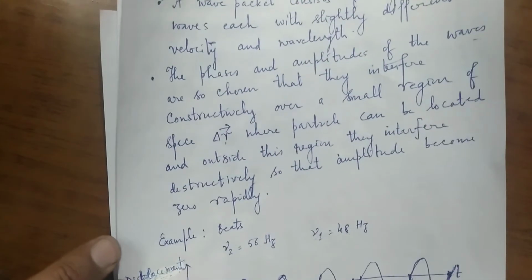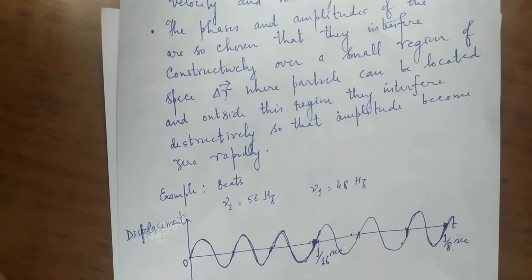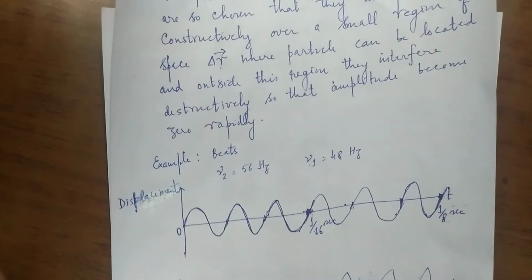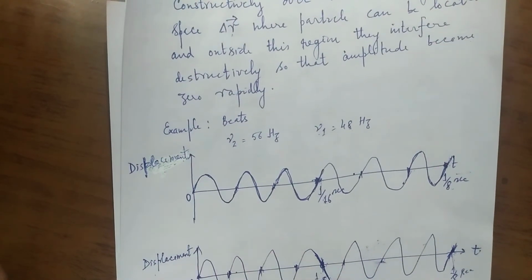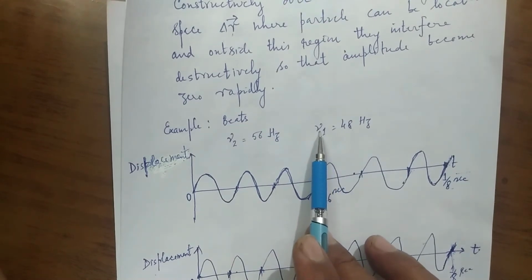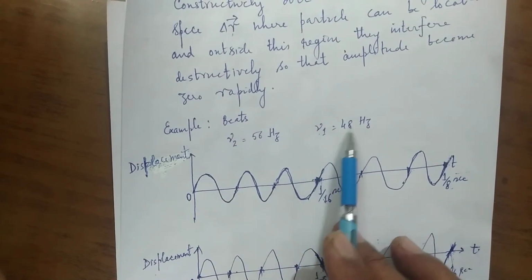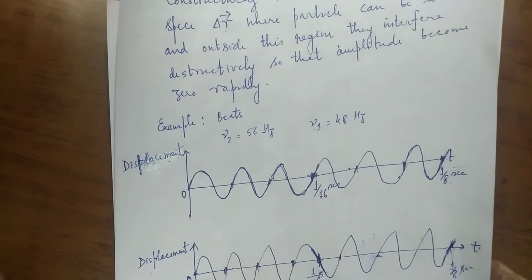Now, to understand the interference among the waves in the wave packet, we take the example of the phenomenon of beats from sound, and we consider two waves of nearly the same frequency, one of frequency 58 Hz and the second of frequency 56 Hz.